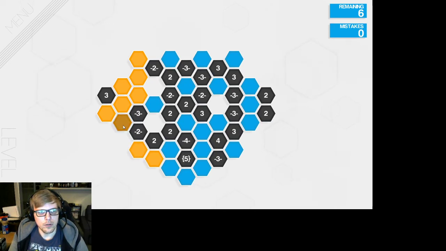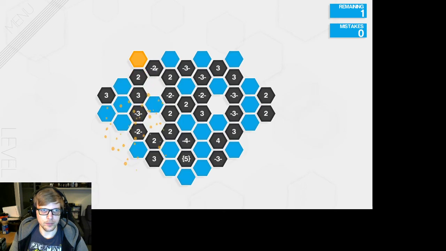This 2 forces both of these to be blue. This 2 is adjacent. This 3 forces these 3 hexes. This 3 is adjacent. And this 3 is adjacent. This 2, or this 2, forces this hex to be blue.